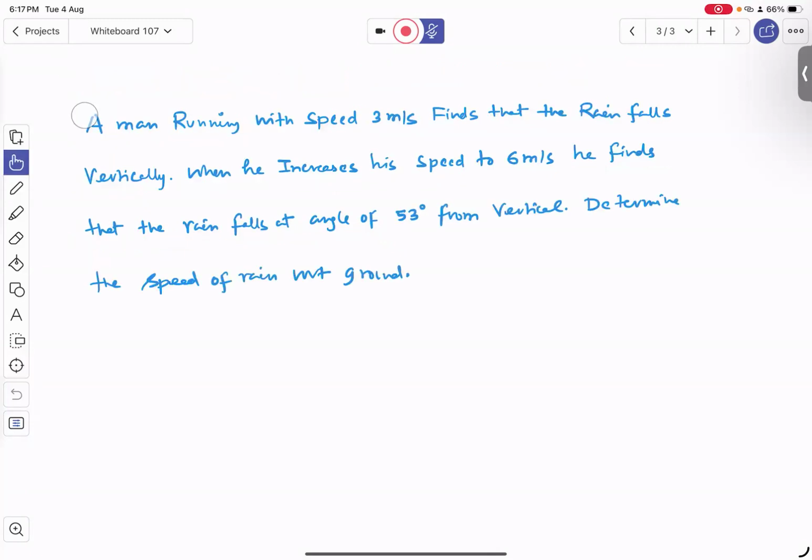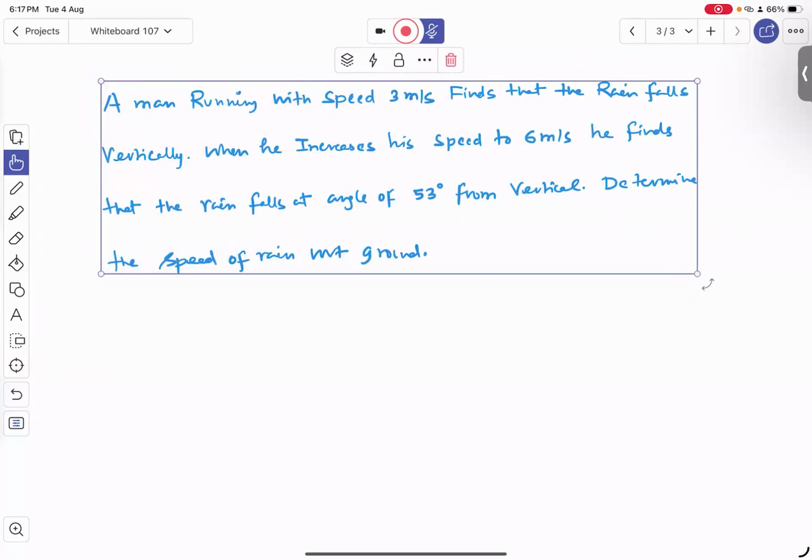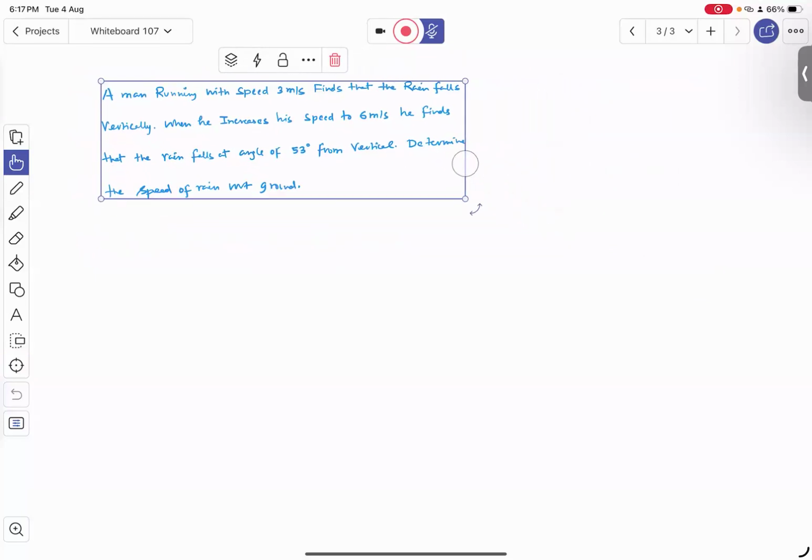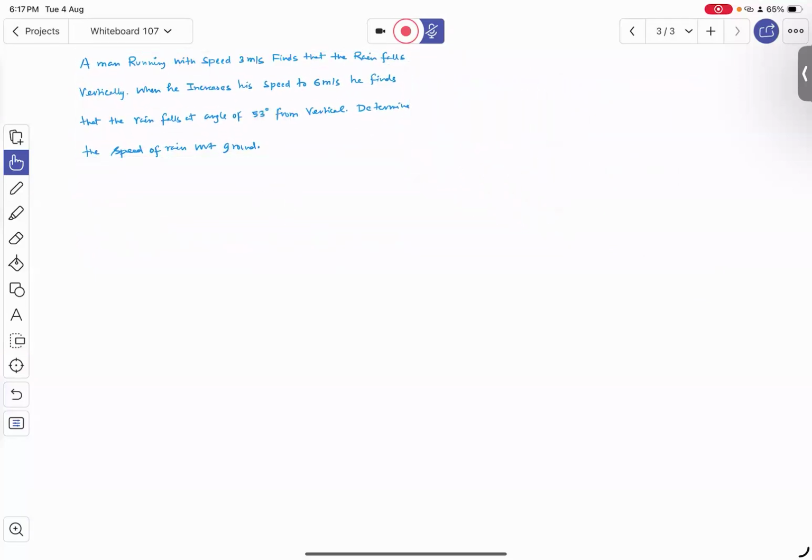I hope you have tried. So two cases are there. Case one, the rain falls vertically.